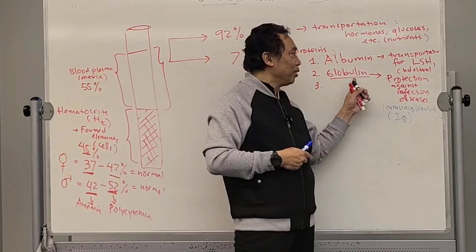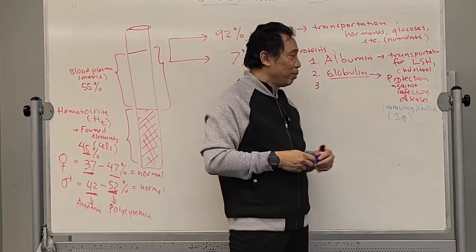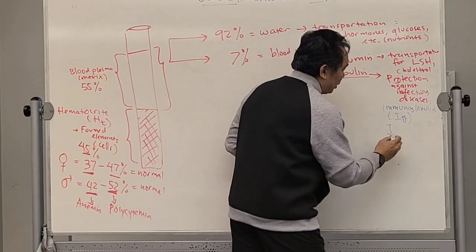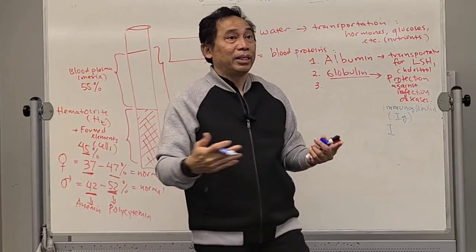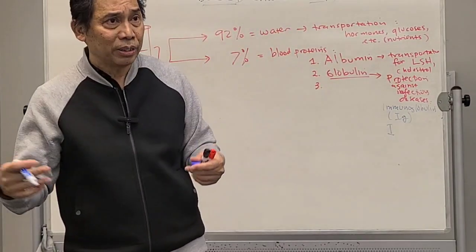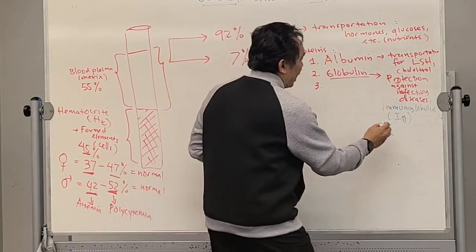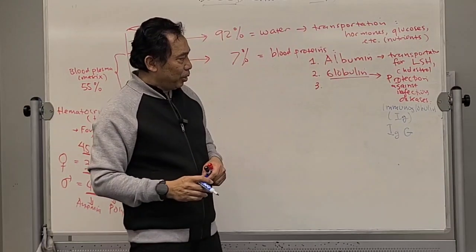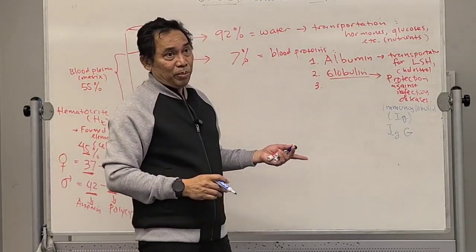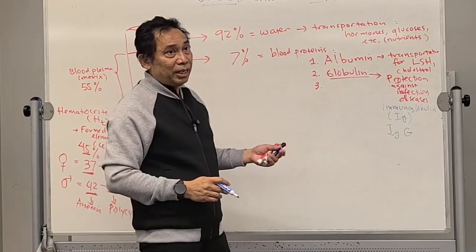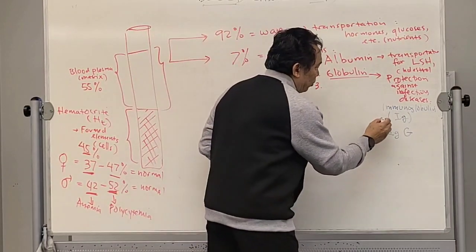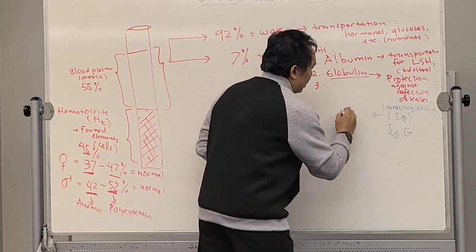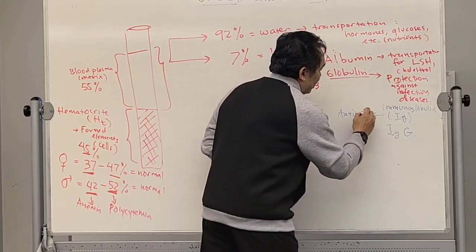So we have immunoglobulin in our blood. There are 5 of them. I'm going to put them based on abundancy. Which one is the most? The first one is IgG. So there is a globulin, immunoglobulin called the G immunoglobulin, IgG. And then we have another name for immunoglobulin, which I'm going to put here, called antibody.